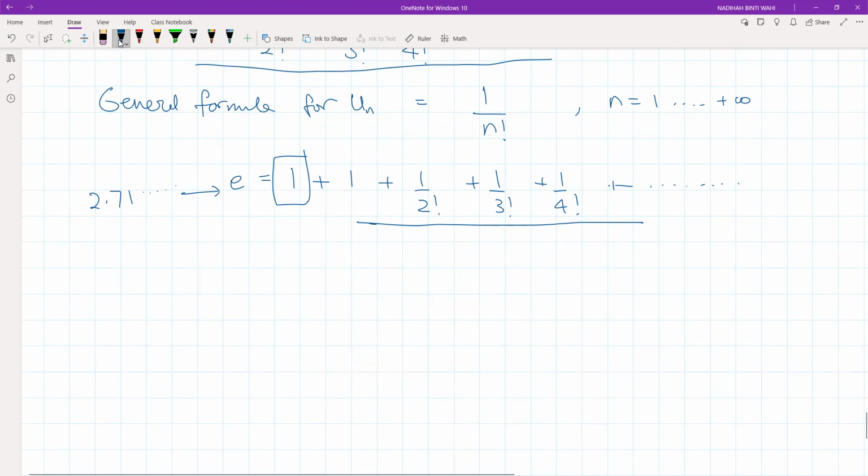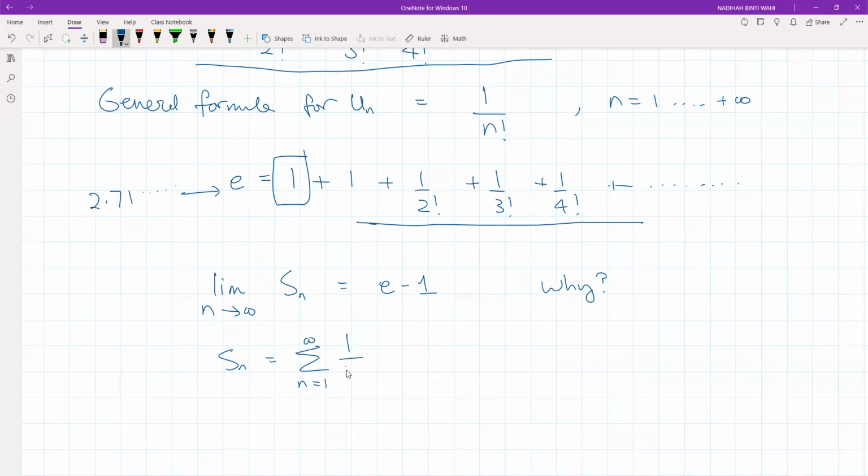If I take the limit n goes to infinity for Sn, this is just equals to E minus 1. Why? Because Sn is equals to summation from n equals to 1 to infinity for 1 over n factorial.